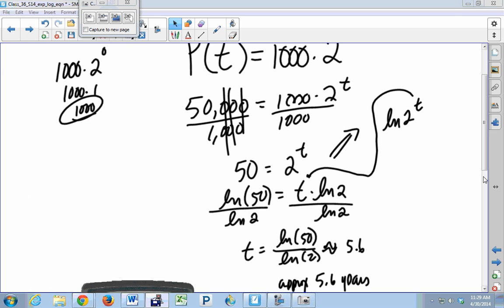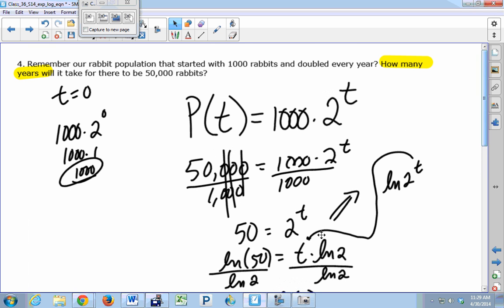All right. So now you can answer any kind of how long question. Amy told me she has $10,000 she doesn't know what to do with. So I told her about an investment that gets 5.5%. She's going to invest it. She wants to know how long it's going to take to double. So you can answer questions like that now.